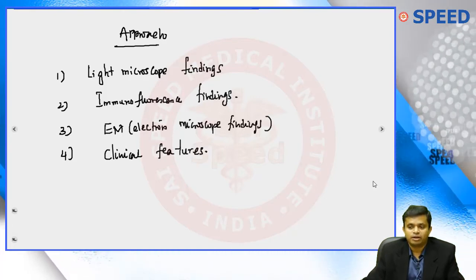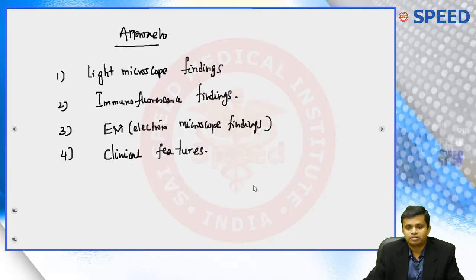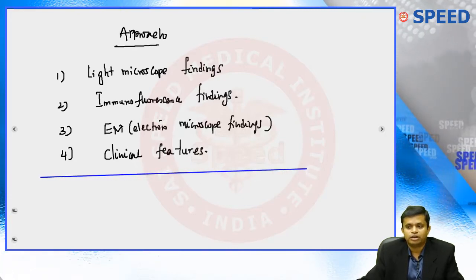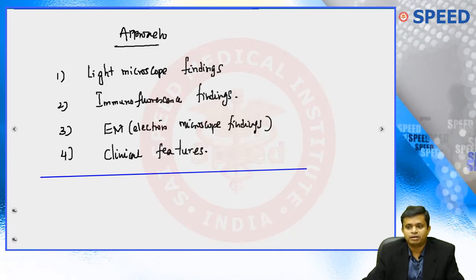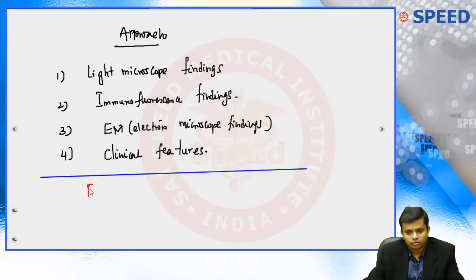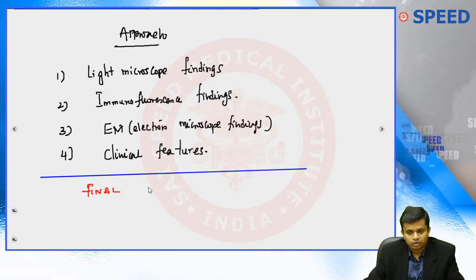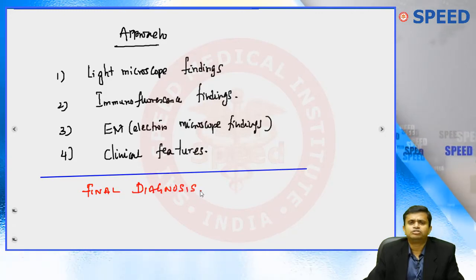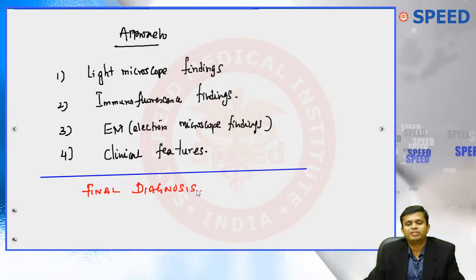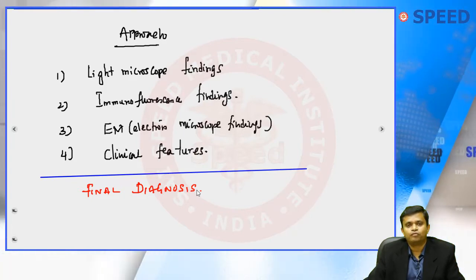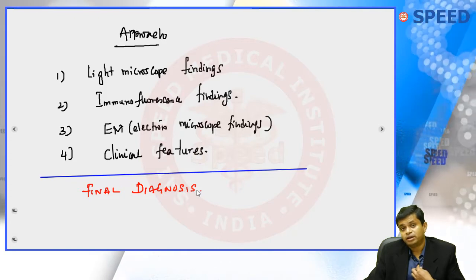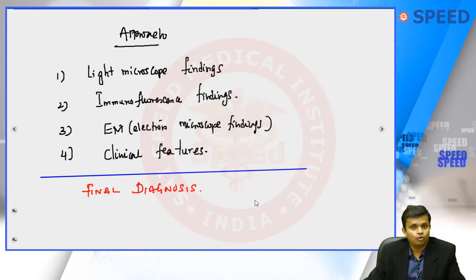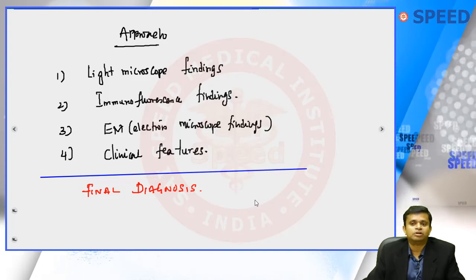If you want to make a diagnosis, you need to summarize all these findings into a final diagnosis. It is not for your exams alone we say this final diagnosis based on these 4 findings. Even on a routine reporting, when I see all renal biopsies, I have these 4 stage approach.